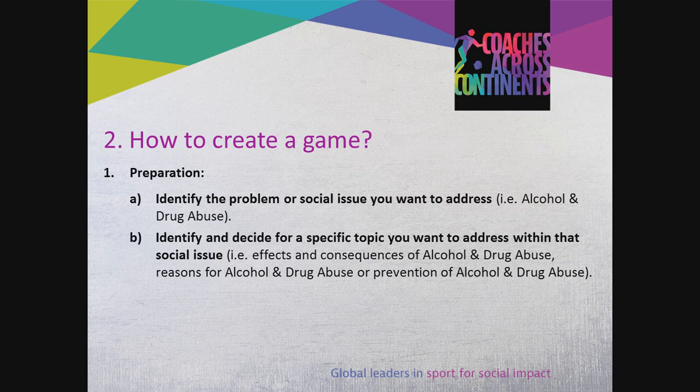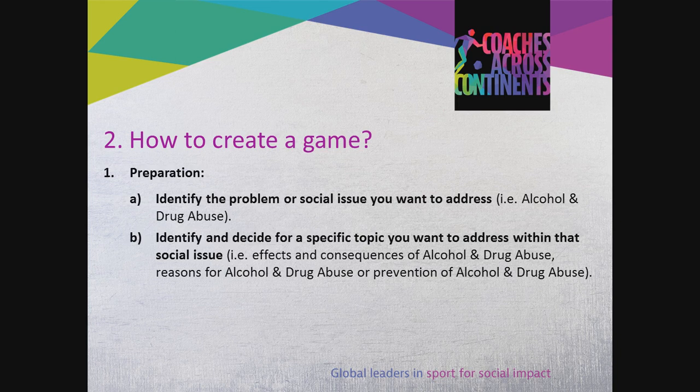The second step would be to identify and decide on a specific topic you want to address within the social issue you have identified. Because again, with the example of alcohol and drug abuse, this is a big topic. So we could, for example, focus on the effects and consequences of alcohol and drug abuse.